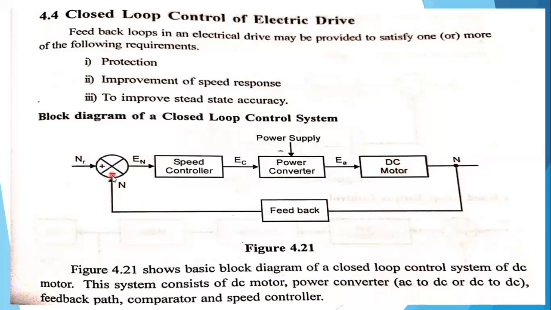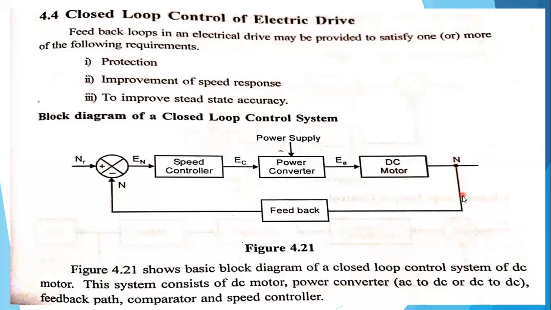So the motor speed can be sensed by a speed sensor, that is called a tachometer generator. It is the feedback signal, that is called N. The feedback signal is nothing but the actual speed.